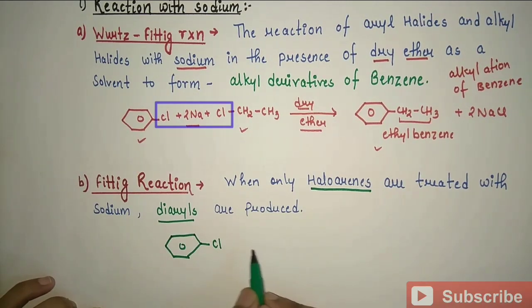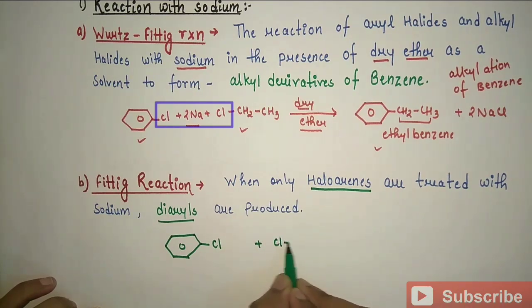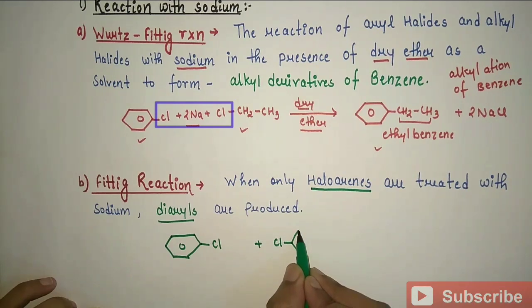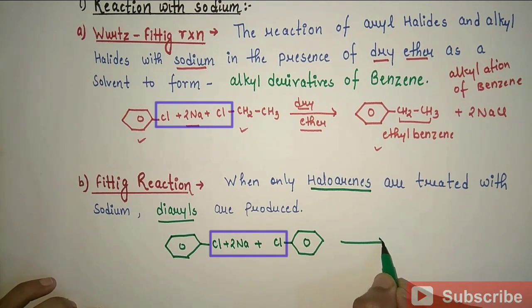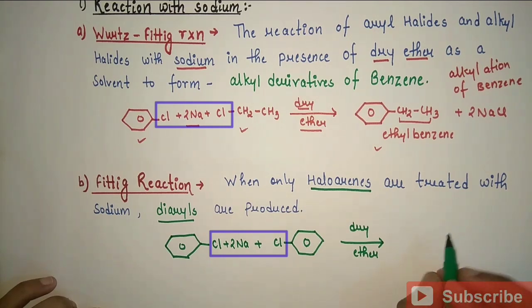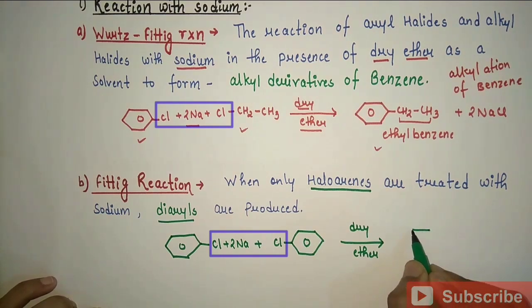It reacts with another molecule of chlorobenzene. Both the reactants will be haloarenes, and they react with 2 moles of sodium metal in the presence of dry ether.